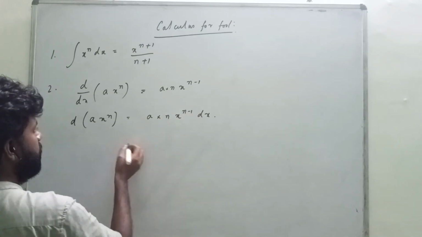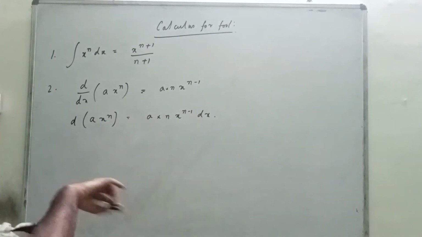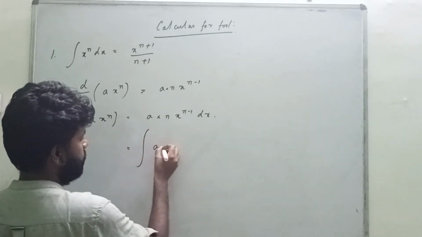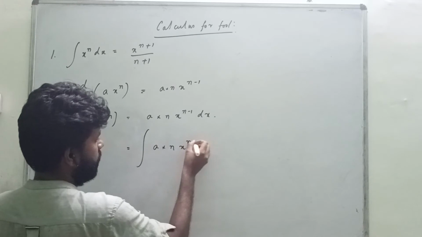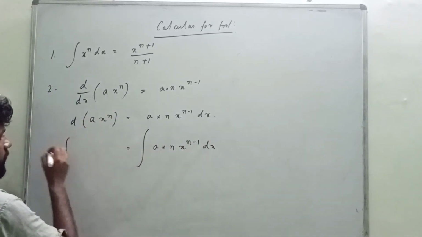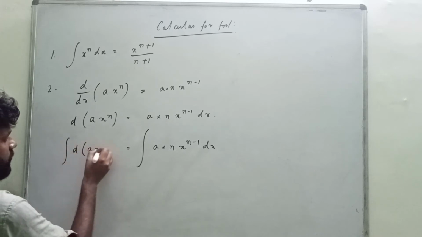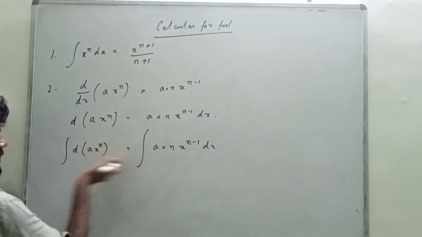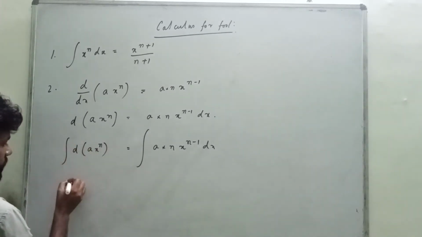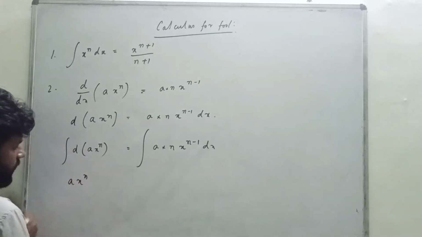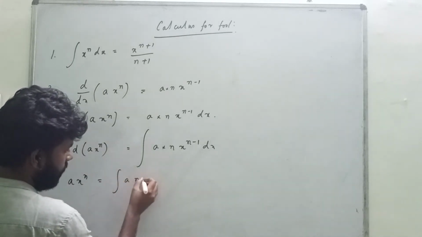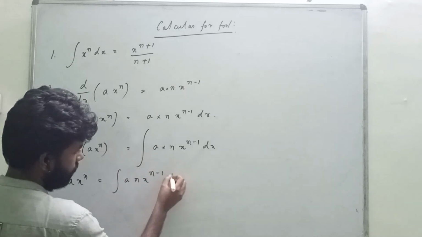So d operates on this thing, you get this. If I use here the reverse operator, the integral of a n x power n minus 1 dx, obviously here is d of a x power n. So ultimately we get a x power n equals the integral of a n x power n minus 1 dx.